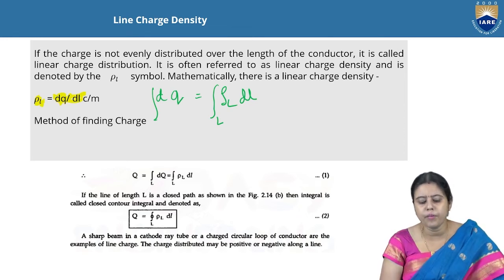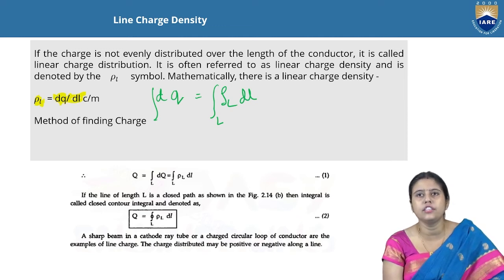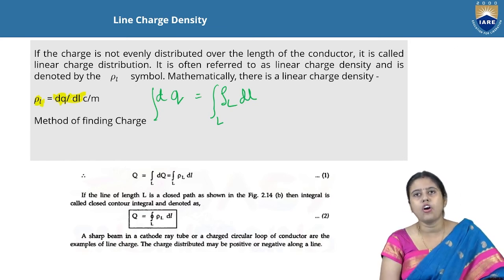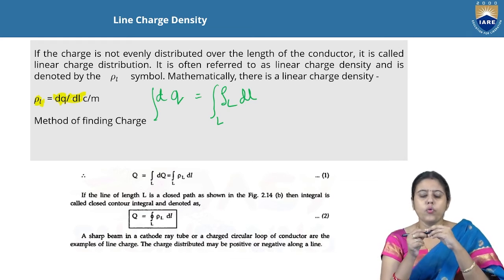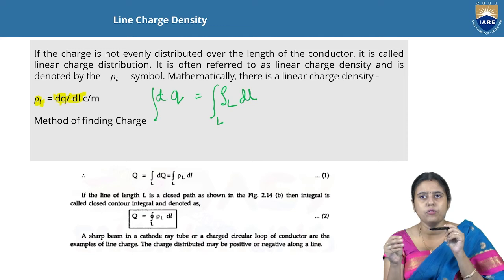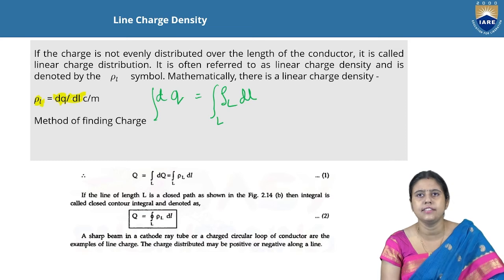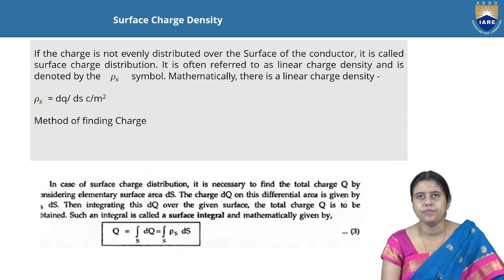When we can get a sharp beam in the cathode ray tube or a charged circular loop conductor, we can get examples of line charge. In the case of the CRT, when the charged particles come out, we can tell it as an example of line charge density. We will integrate along the line.